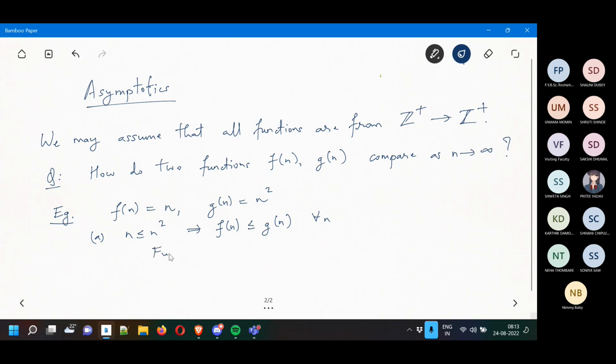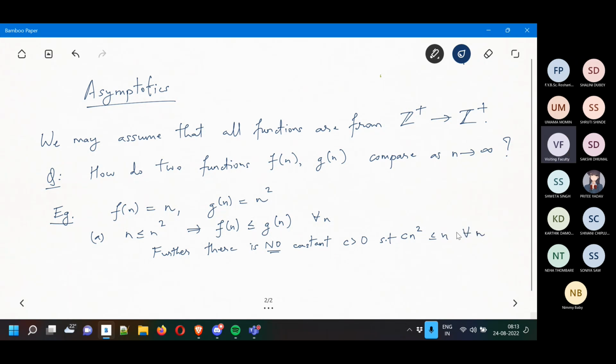Moreover, further, you cannot have any constant. So there is no constant. Let me write it this way. There is no constant c greater than 0 such that c times n square is less than or equal to n for all n.